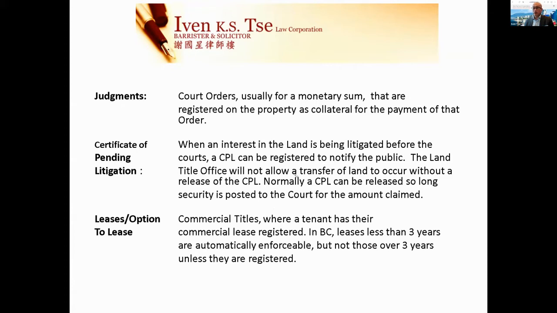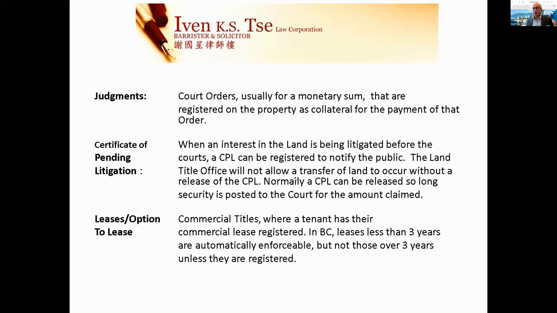It means that the property, or an interest in it, is tied up in court. There's some lawsuit that affects the ownership of the land. So a CPL is registered to the public, so everybody knows there's a problem with the title. If someone is owed money, the land maybe is owned by someone else. So those types of issues.